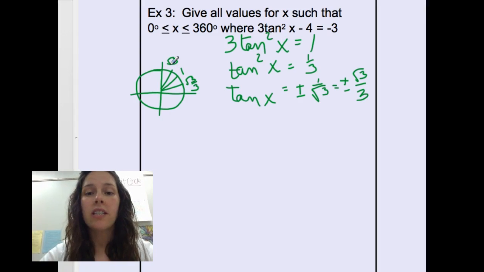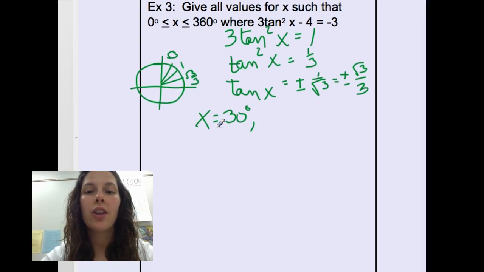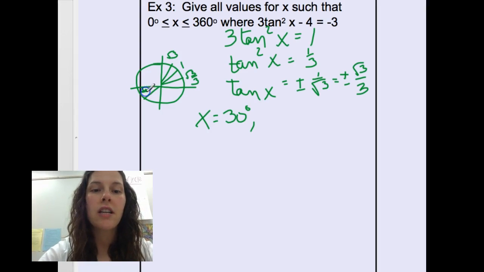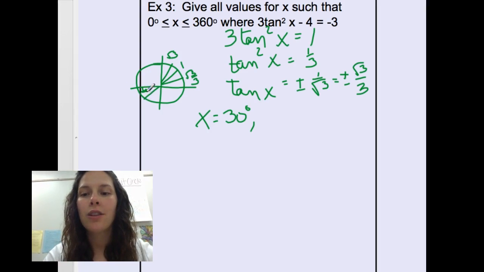So in degrees, that first one is 30 degrees. This is where tangent's positive. Tangent is positive in the first and third quadrants because it's the ratio of sine and cosine. And in the third quadrant, sine and cosine are both negative, so the ratio will be positive. So in the third quadrant, we're 30 degrees below the x-axis, so that'll give us 210 degrees.